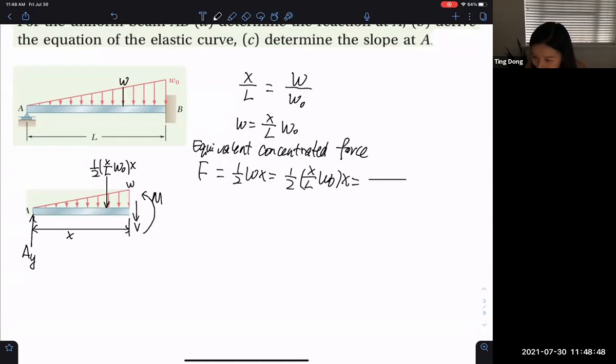Oh, yeah, it's 2L, sorry. You are correct. I thought it was divided by 2L. Then you are correct.